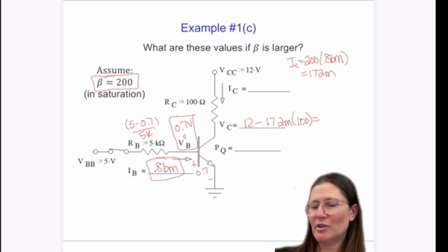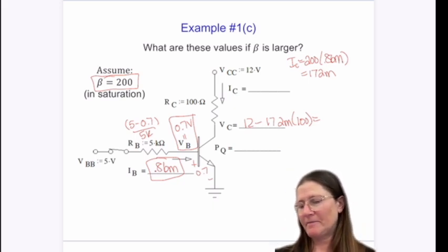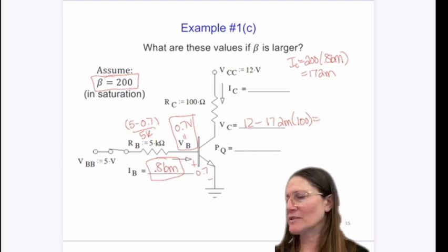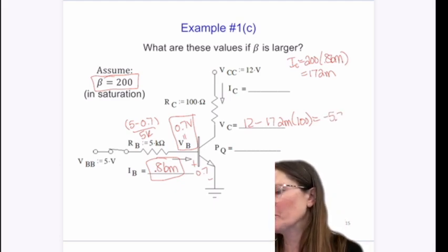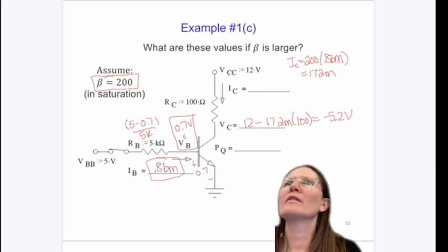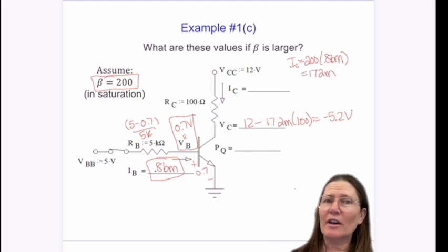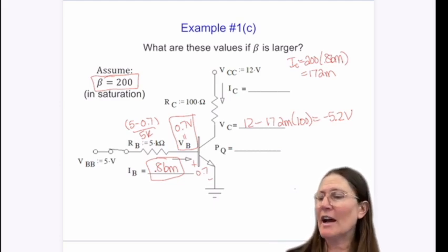Times the 100, so you get, it's 0.172, but not 0.172 milli. So this ends up being a minus 5.2 volts. So you can see here, like, no, this is not then on and active.